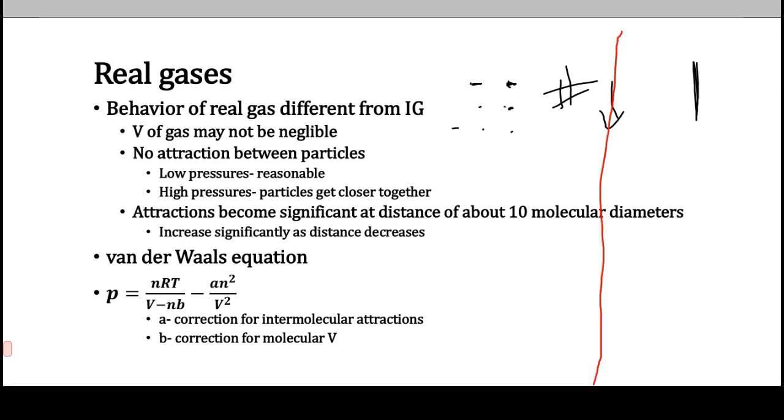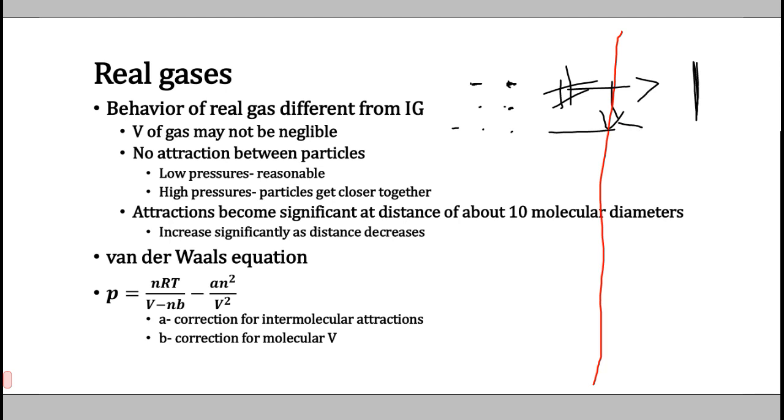Then all the gas was forced into this small volume. The number of collisions is going to increase inversely. As the volume is decreased, the number of collisions is going to increase a lot. So at high pressures, these particles are now going to be a lot closer to each other. And as you get closer to each other, you start to interact with each other, whether you want to or not.